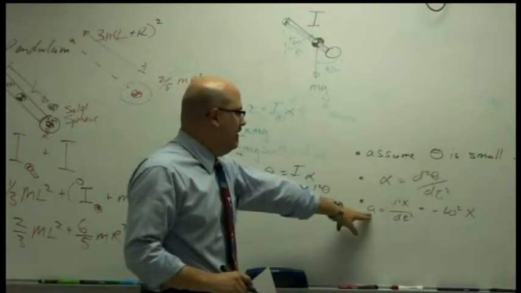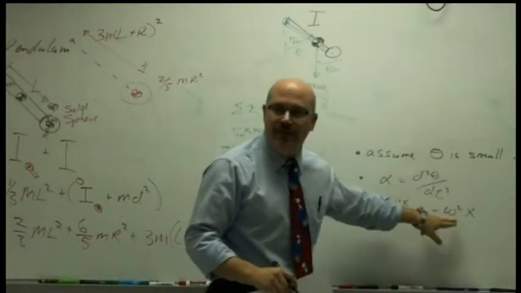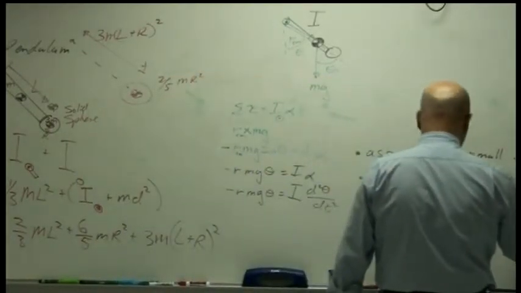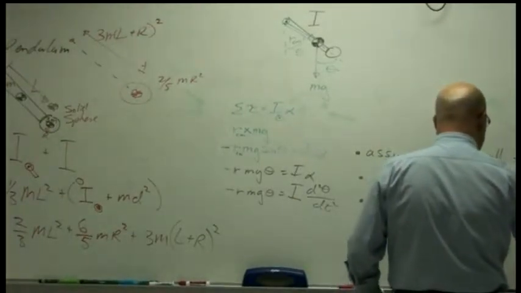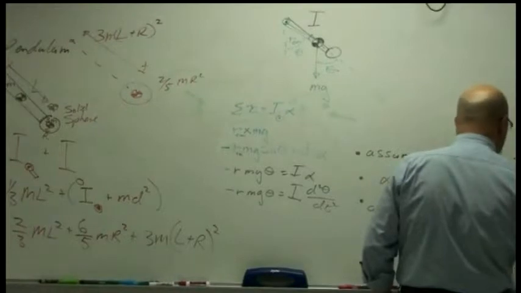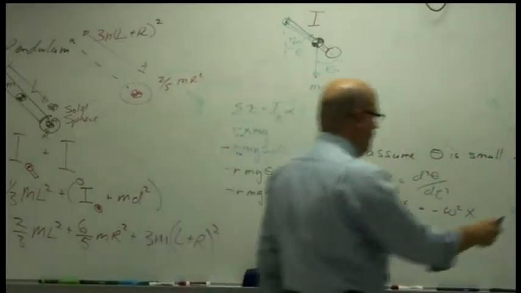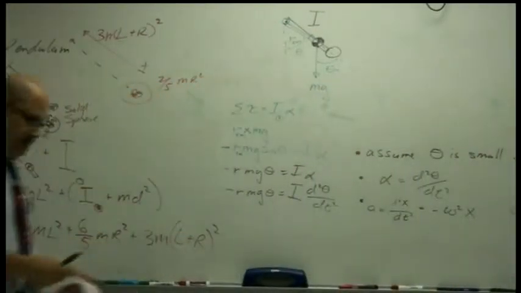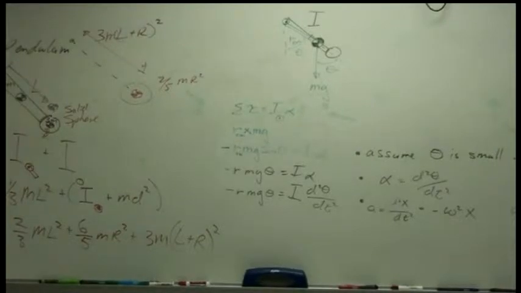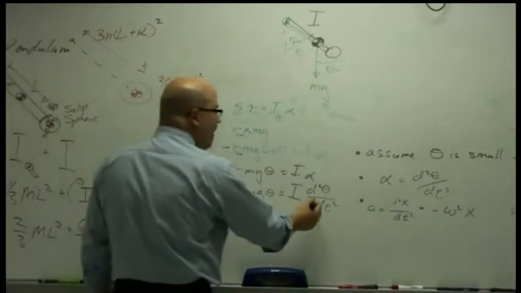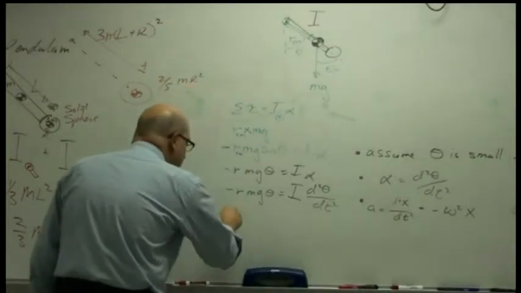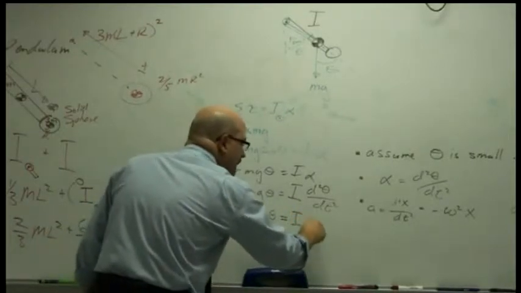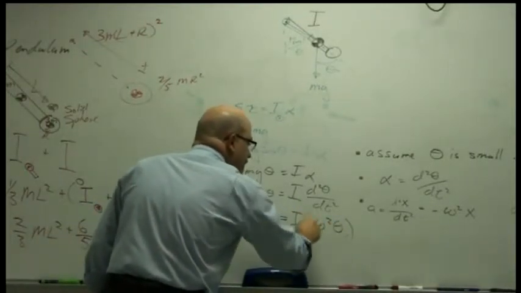And we said, but wait, look, that means acceleration is negative the displacement times omega squared. So how could we do that same thing in this form? d squared theta over dt squared equals negative omega squared theta. So I'm going to plug that in right here.